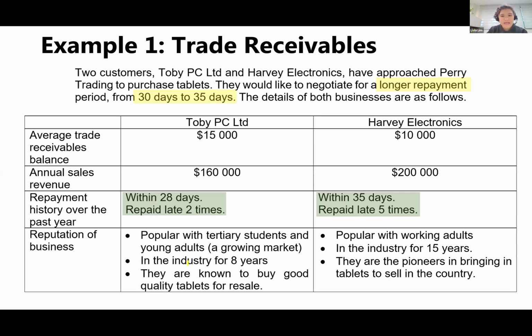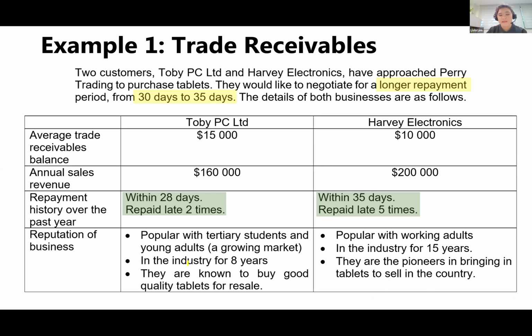In this case, you have to remember you're a businessman. A lot of students will say, I'm going to extend it to Harvey Electronics because he really needs the longer repayment period. They are already late, so if I extend the longer repayment period to Harvey, then Harvey will no longer be late. But you have to remember, you are not a charitable organization.